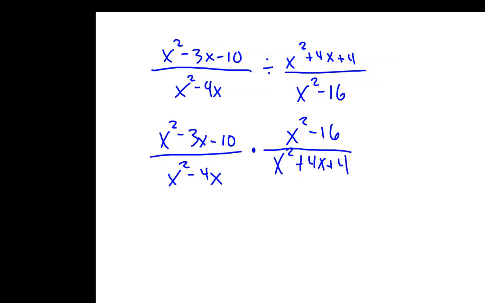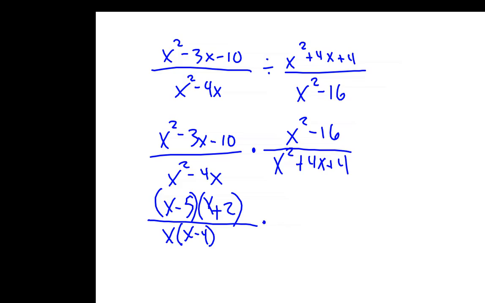We're going to factor. So what does this factor into the first fraction's numerator? Factors of negative 10 that add up to negative 3. Negative 5 and positive 2. Okay. How about the denominator of that first fraction? Good.